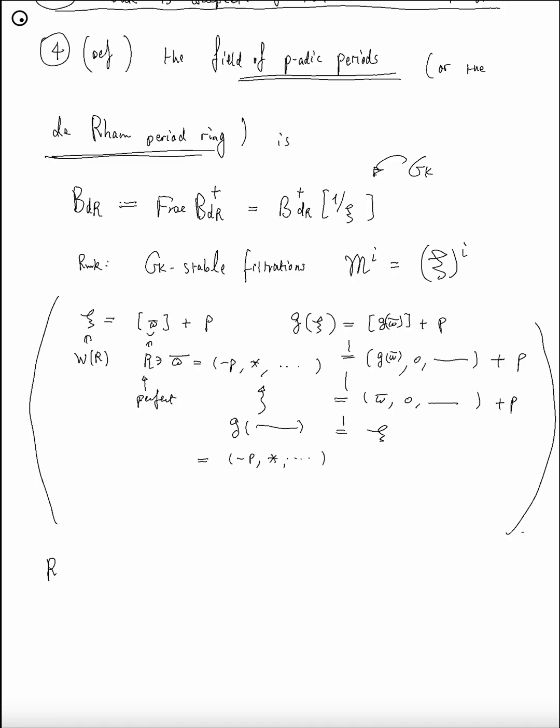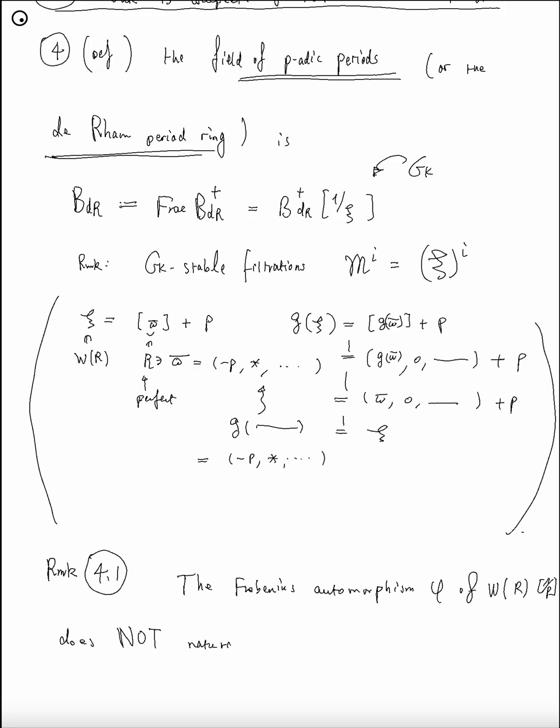Remark 4.1. The Frobenius automorphism phi of W(R)[1/p] does not naturally extend to B_dR^+.